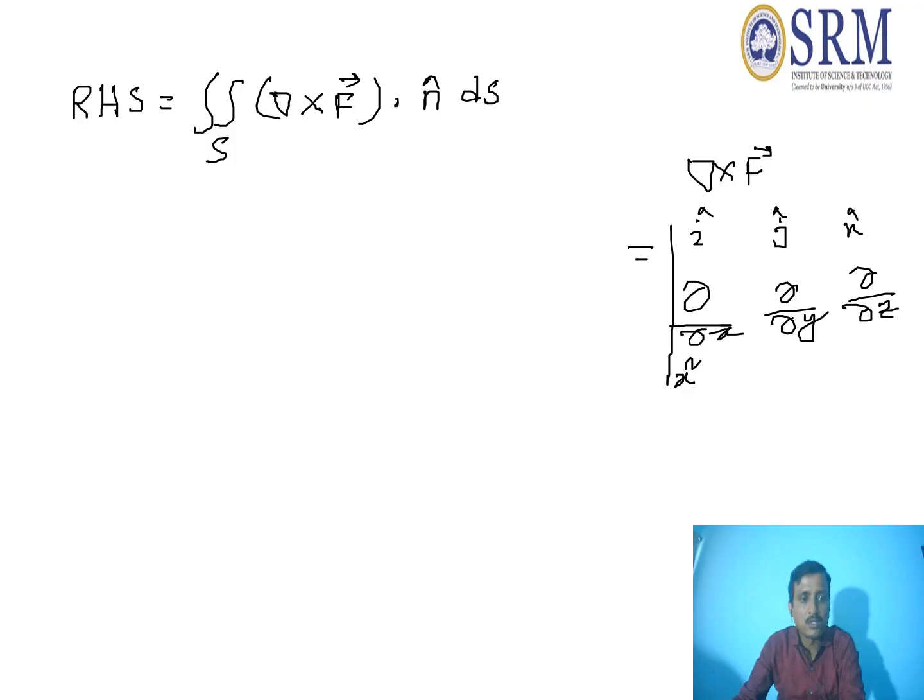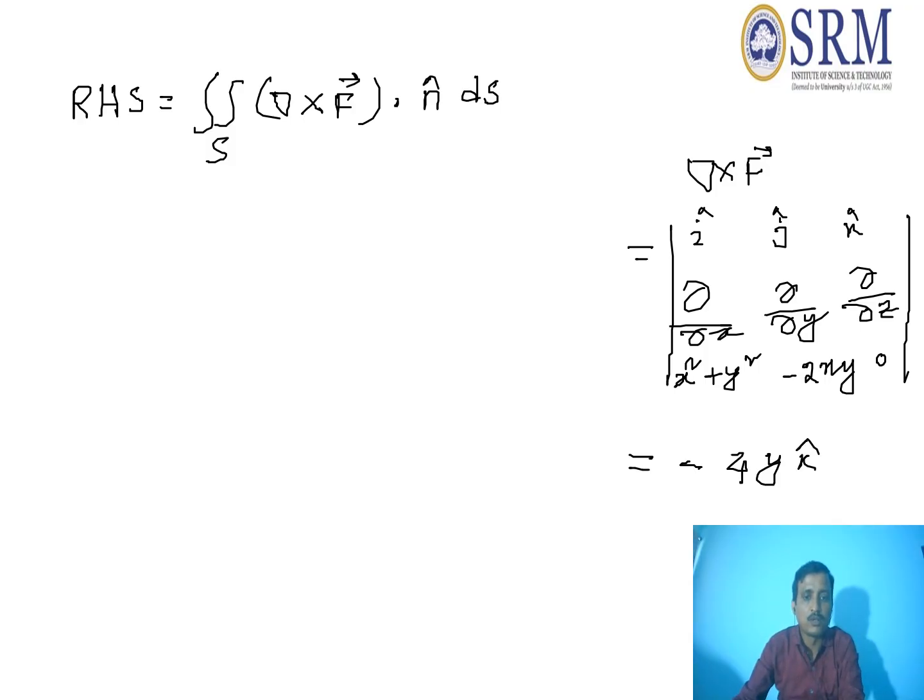It is x square plus y square, this one is the coefficient of i. Coefficient of j is 2xy, and coefficient of k is 0 because it is not given in the question. So 0 into k we can write. If you do the determinant, you will get minus 4yk. Okay, minus 4yk. You can substitute it here.